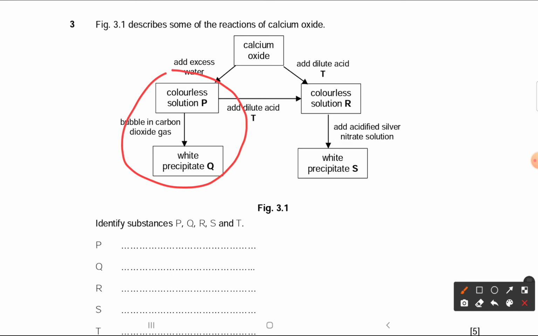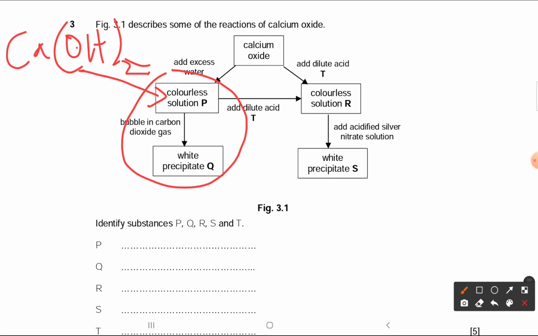In order to test for carbon dioxide, you need to bubble the gas into lime water, which is actually solution P. The chemical name for lime water is calcium hydroxide. This part you need to remember. Calcium hydroxide is actually your lime water.